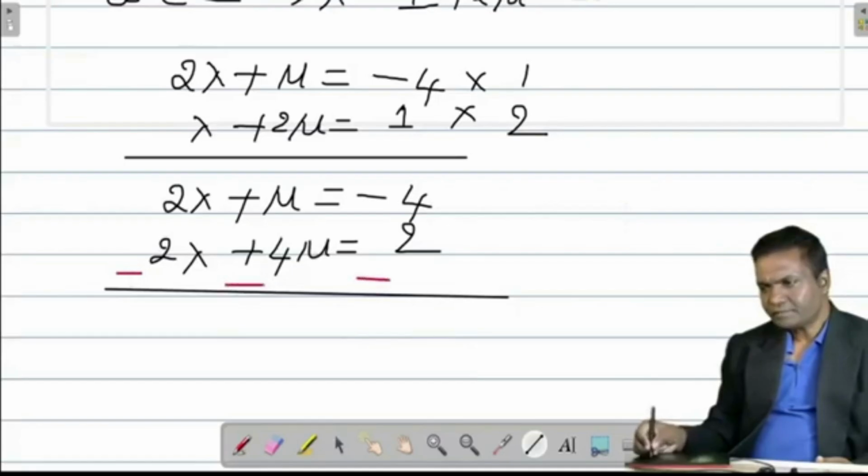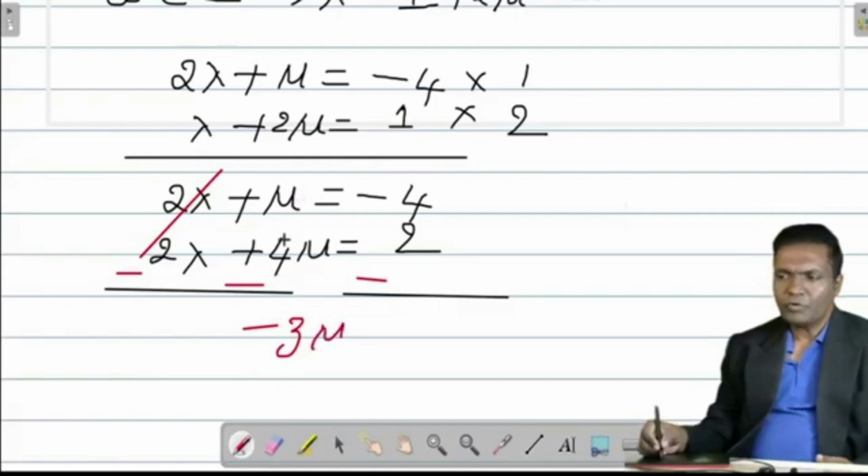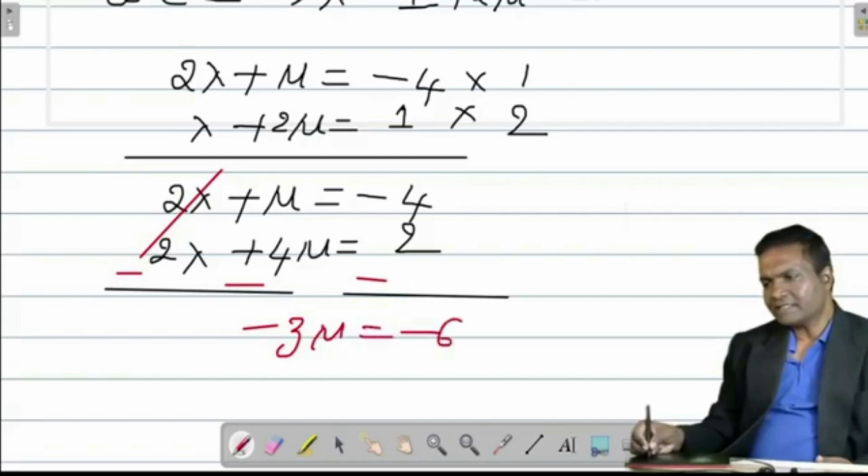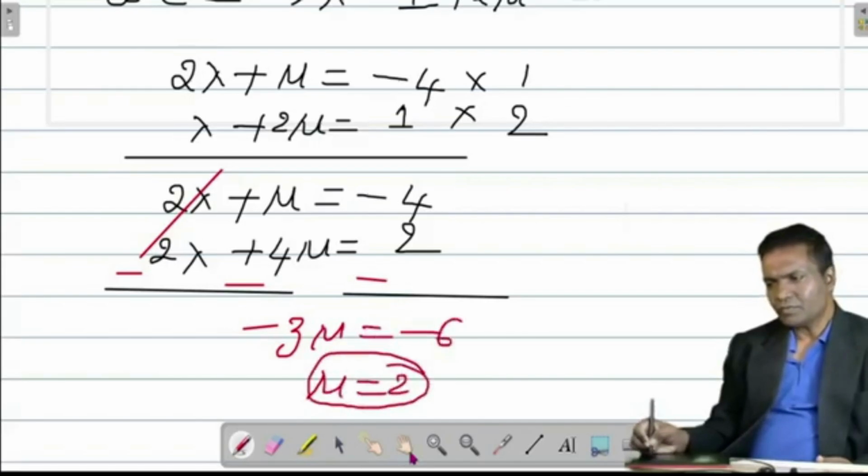Sign change made. Lambda cancels. You will get minus 3 mu, that is mu minus 4 mu is minus 3 mu, equals minus 6, and mu you will get 2.